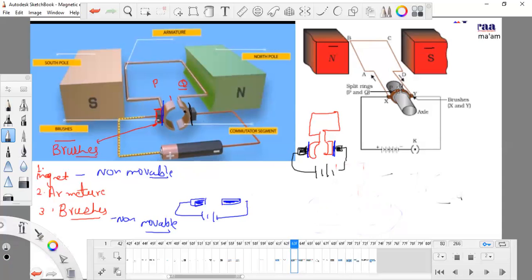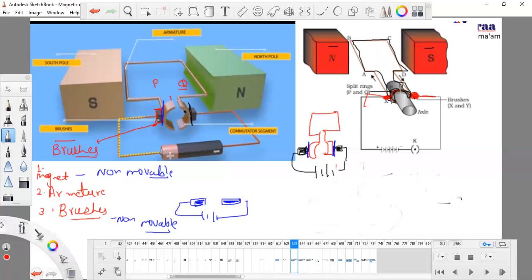Only this armature part is movable, along with the rings. I'm indicating the brushes here in red color, these two brushes and this entire part are non-movable.